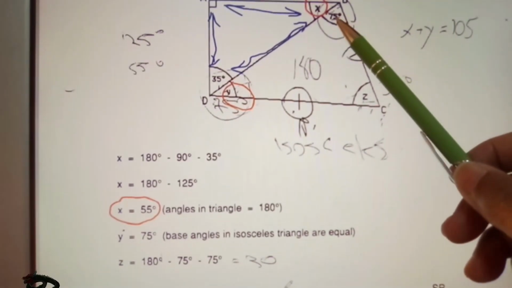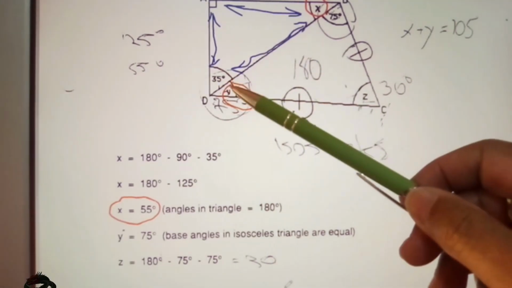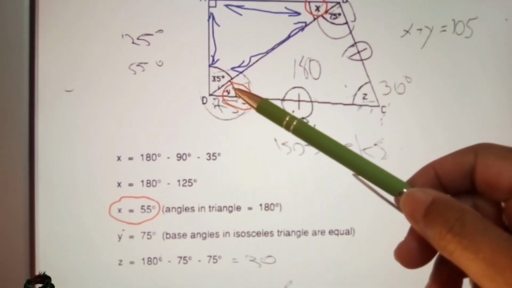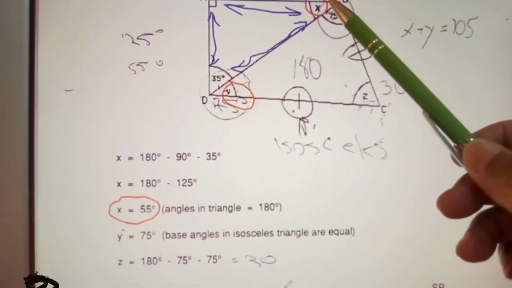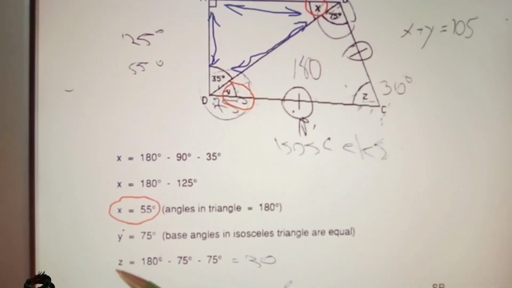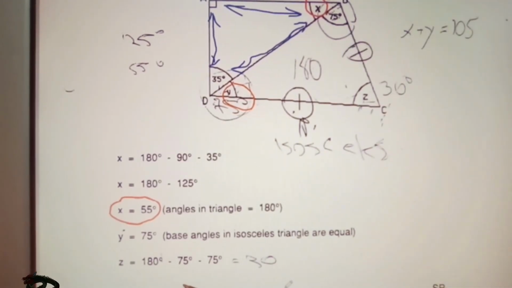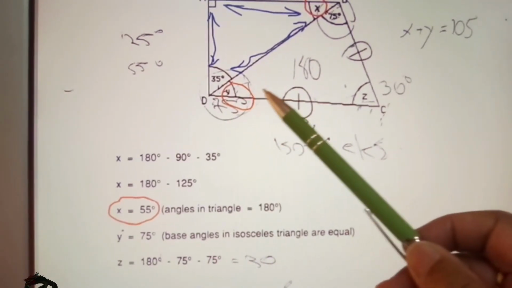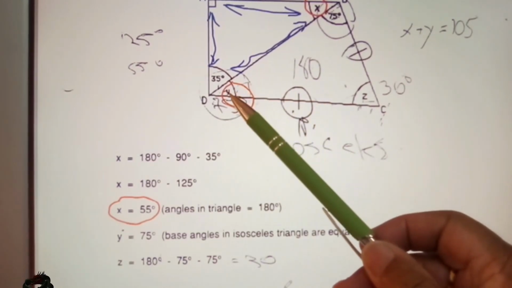So we've been given 75 degrees here. We've been told that the base angle here of y should be 75 degrees also. So we have 75 and 75. So we know this should add up to 180. So z equals 180 minus 75 minus 75.